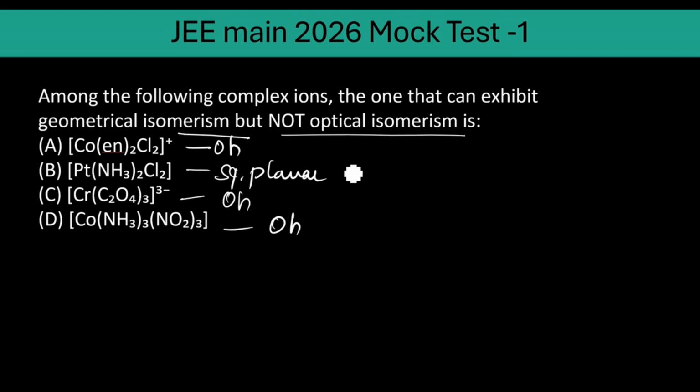So easily you can find out the square planar one will not show optical isomerism, right? So B is your answer. That can only show geometrical but not optical. Cis and trans isomers it will show.